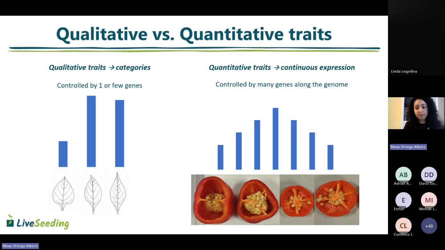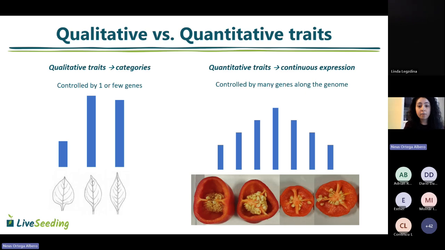So they are very dependent on the environmental conditions for the expression of this phenotype. So what we see is that we cannot categorize these traits into two or three easy categories, but we have a big interval of phenotypes.